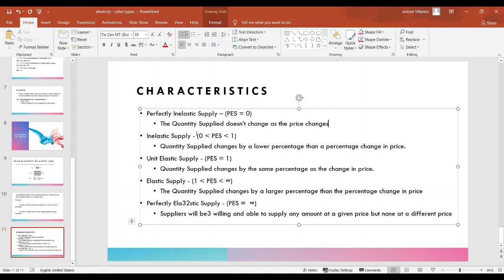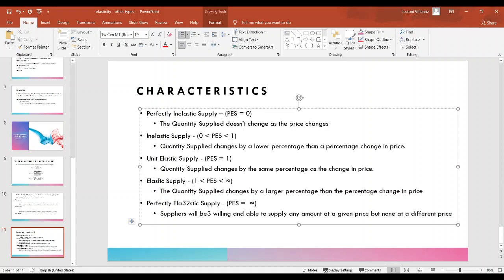And then if your PES is greater than 0 but less than 1, your quantity supplied is inelastic, meaning it's not that responsive to the change in price. But if your PES is equal to 1, same ang proportion sa increase of price to the increase of quantity supplied.